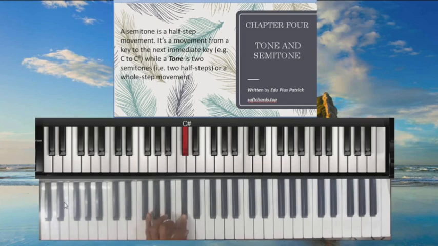Now, looking at what tone and semitone is. A semitone is a half-step movement. It's a movement from a key to the next immediate key, e.g. C to C sharp. This is C, this is C, this is C. So from this C here up to the next key, that is C sharp, and that is the semitone movement.